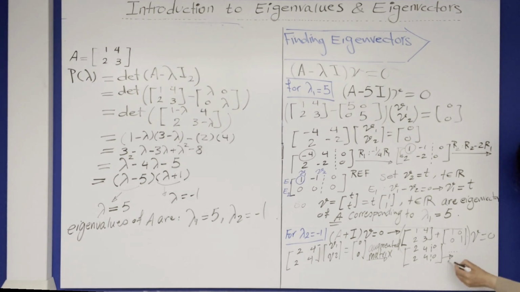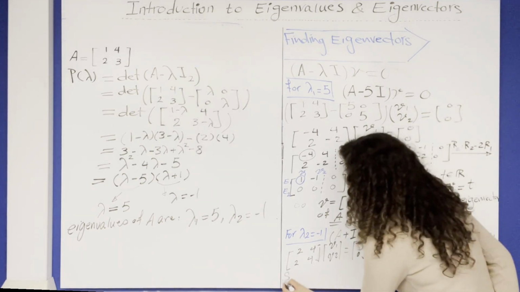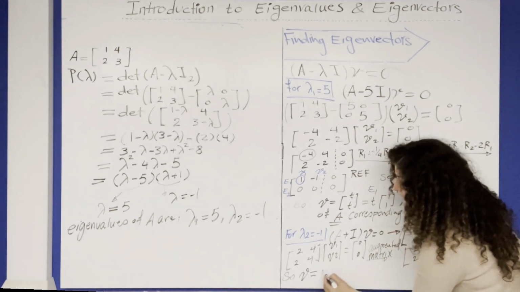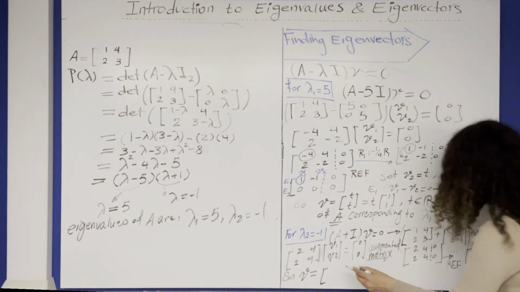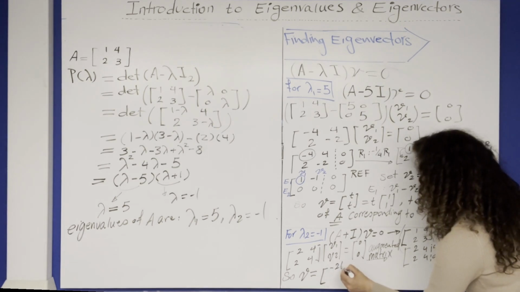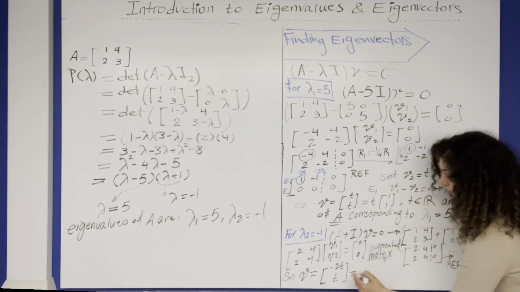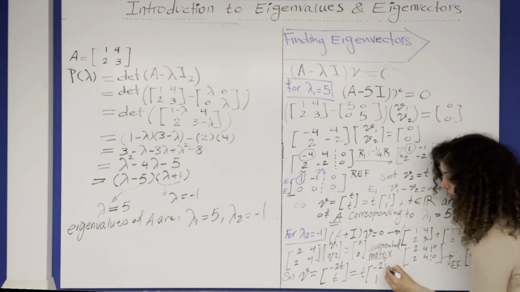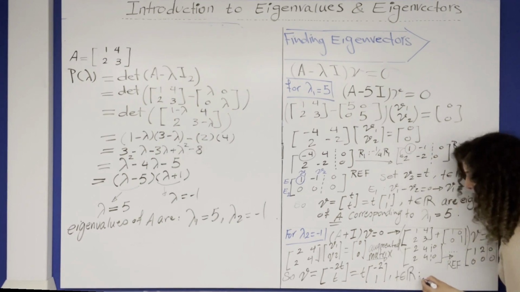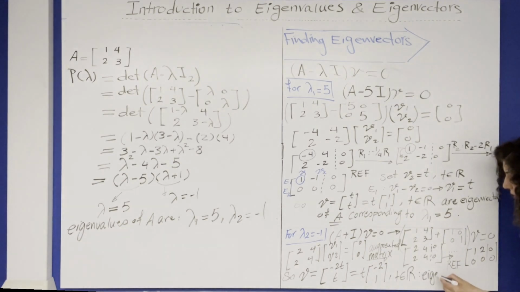So if you form the REF, you will get 1, 2, 0, 0, 0, and 0. Okay, and this gives me the set of solutions negative 2t and t, which I can factor as t times negative 2 and 1, for t being in R, and these are eigenvectors corresponding to lambda being negative 1.